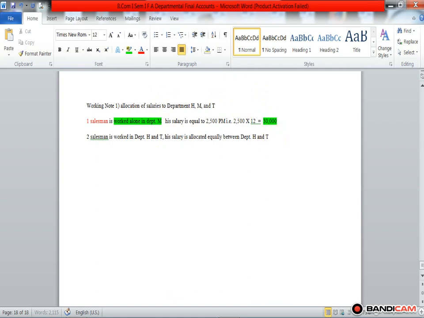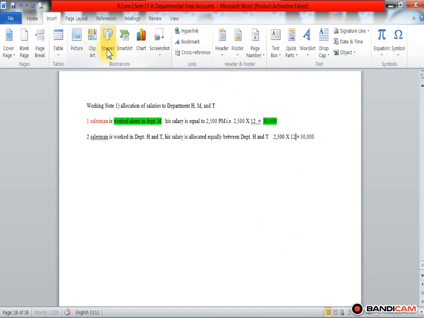Okay, so here first of all calculate the yearly salary. How do we calculate? 2,500 multiplied by 12, we get the yearly salary of the second salesman, that is rupees 30,000, and this 30,000 is allocated equally between department T and H. So equally between, so we insert the arrow.